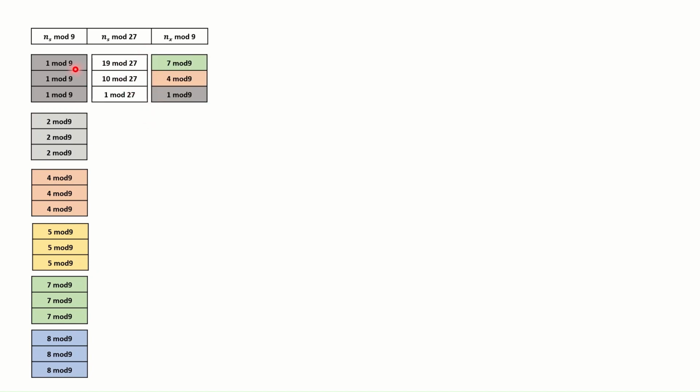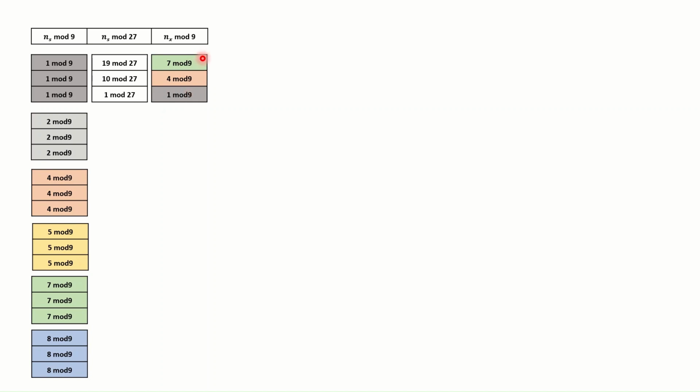When you look at 1 mod 9, its nx has 3 possible results, that is 7 mod 9, 4 mod 9 or 1 mod 9. These results depend basically on its value ns mod 27. So if some number ns is 1 mod 9 and it's 10 mod 27, its nx is always going to be 4 mod 9.